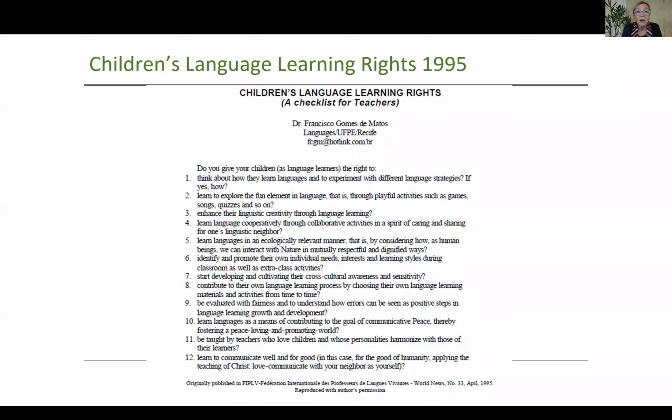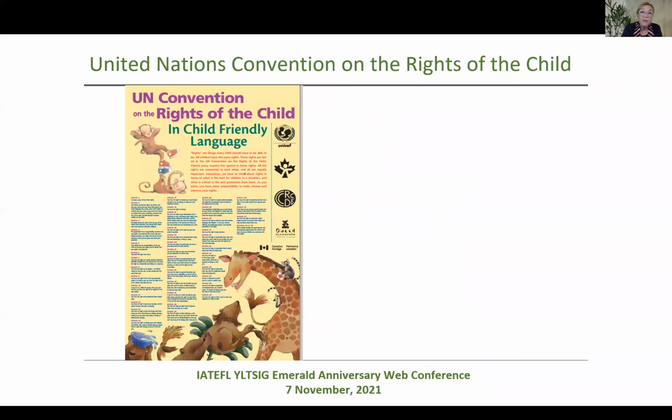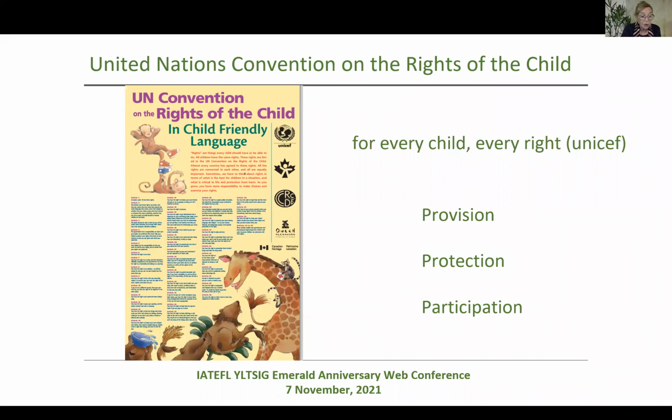And then in 1989, we had the development of the United Nations Convention on the Rights of the Child, which states that children have a right to be active participants in all matters affecting their lives. And this includes their education and, in our case, their English language learning. And underpinning the convention are the principles of non-discrimination and equality.